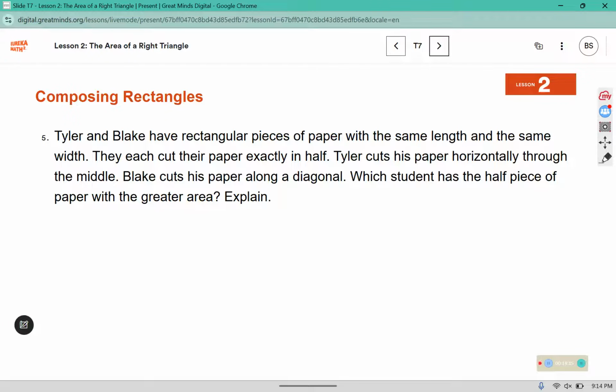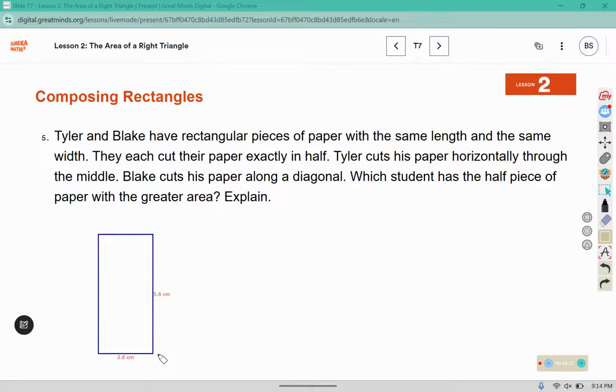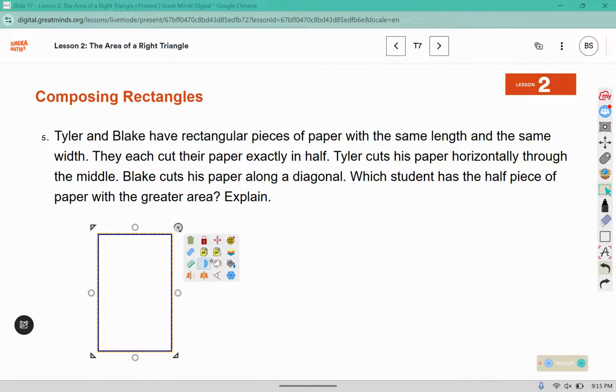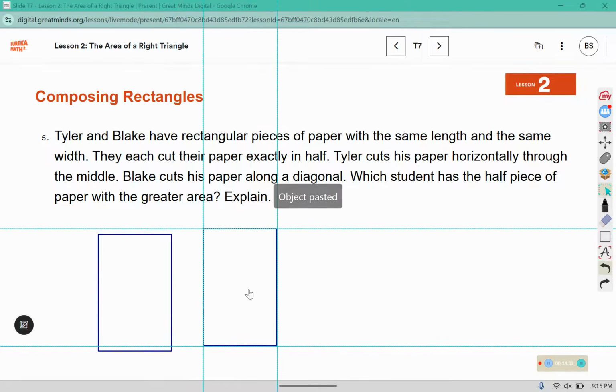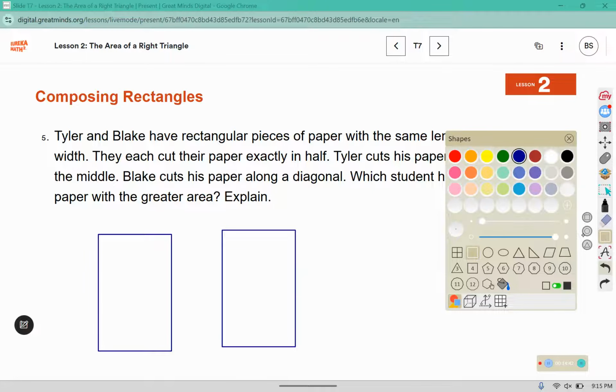Tyler and Blake have rectangular pieces of paper with the same length and same width. So let's make the rectangles the same. 2 identical rectangles. They each cut their paper exactly in half. Tyler cuts his paper horizontally through the middle.